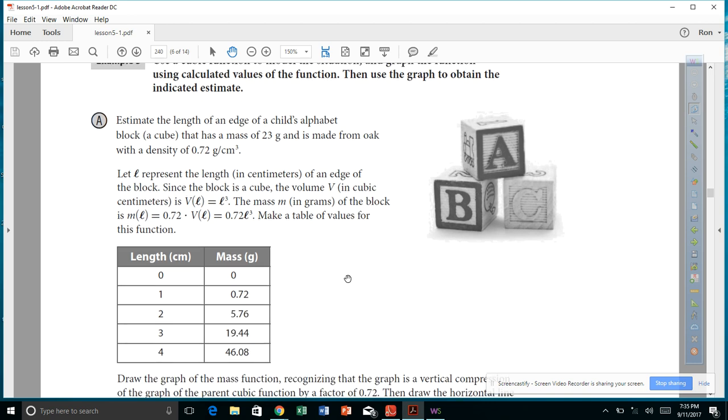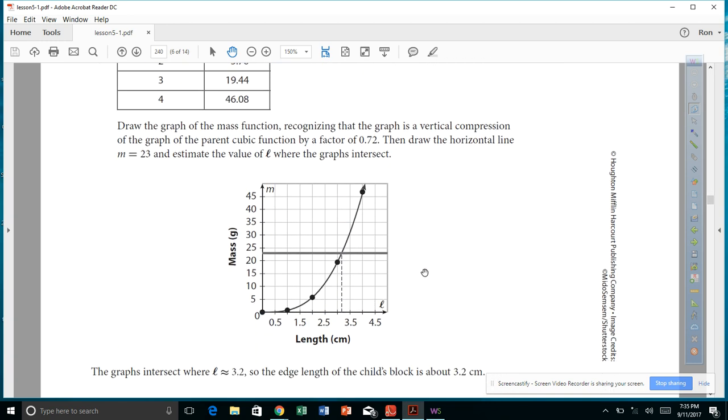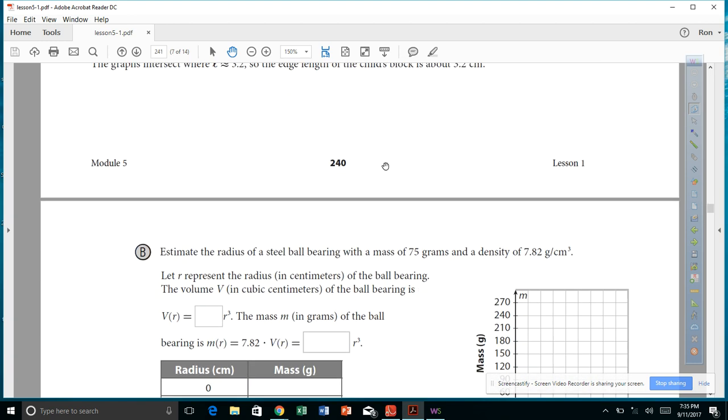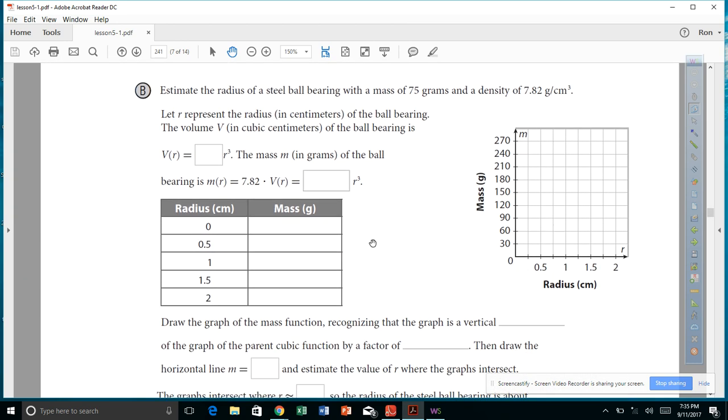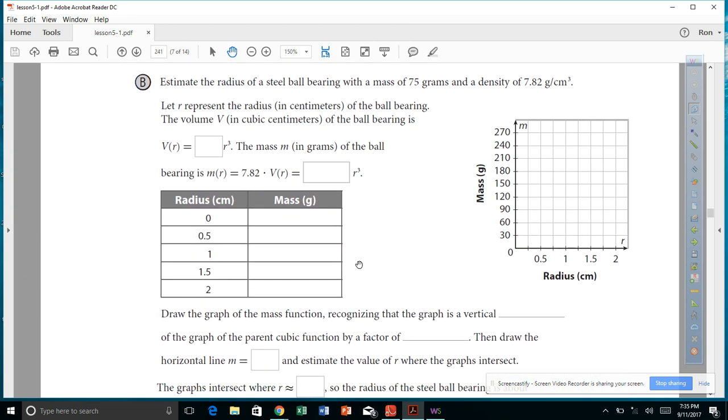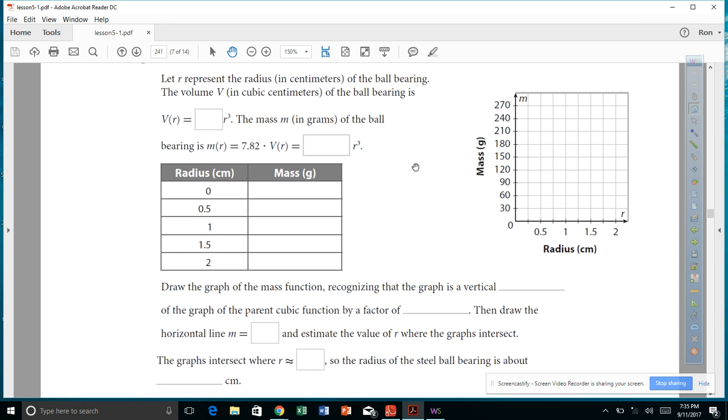All right, so I'll let you read through A, and you can see how it's done, and then we'll do B together. Estimate the radius of a steel ball bearing with a mass of 75 grams and a density of 7.82 grams per centimeter cubed. Let R represent the radius in centimeters of the ball bearing.